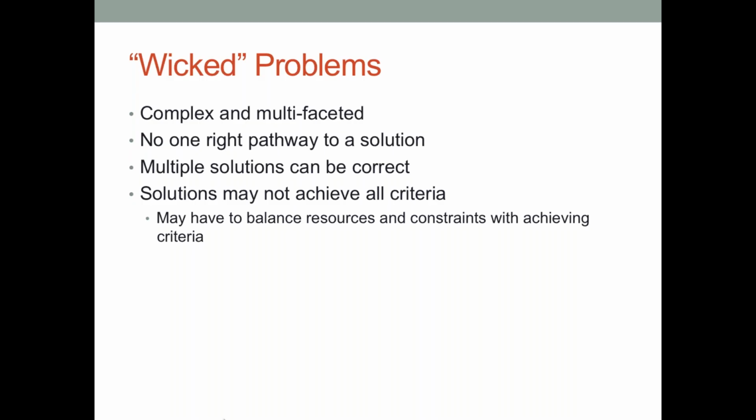And not only is there no one right pathway to a particular solution, but there are multiple solutions that can be correct. And again, the solutions may not achieve all of the criteria. You may have to balance resources and constraints with achieving criteria. And so there is not a perfect world with it.